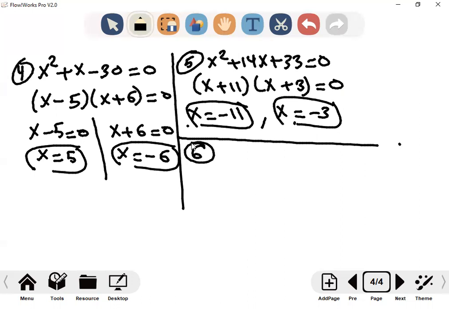Question 6. X power 2 minus 3x equals 10, right? And we said you need to make a side to be 0, right? X power 2 minus 3x minus 10, 2 and 5, right?